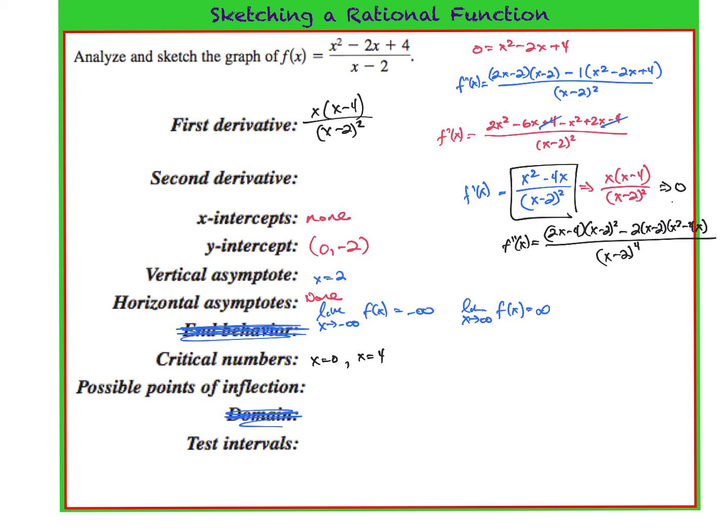Now, what I would advise doing is, you see how I have x minus 2 quantities everywhere? We're going to get rid of one of them. It's going to make your life a little bit nicer. So this power goes to a 1, and that power goes to a 3.